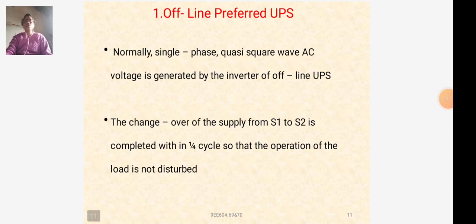Normally, single phase quasi square wave AC voltage is generated by the inverter of offline UPS. The changeover of the supply from S1 to S2 is completed within a quarter cycle so that the operation of the load is not disturbed.